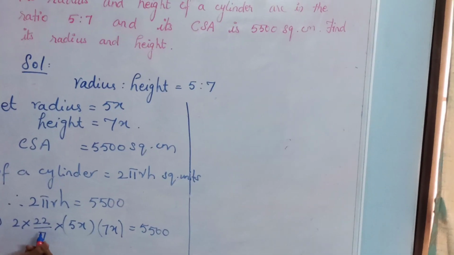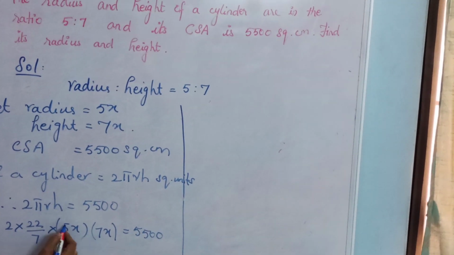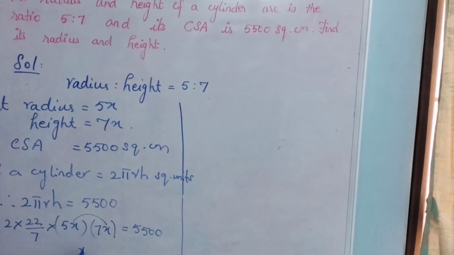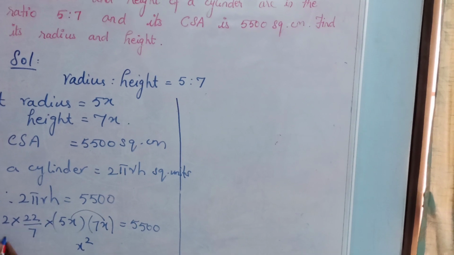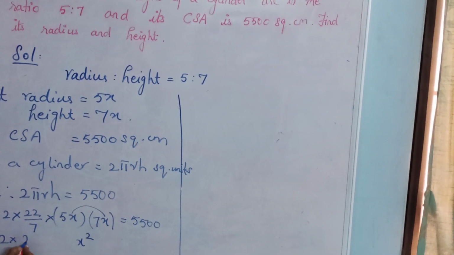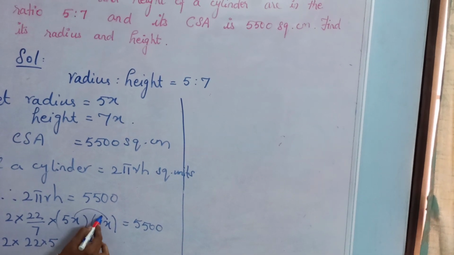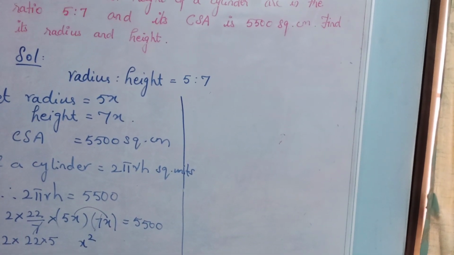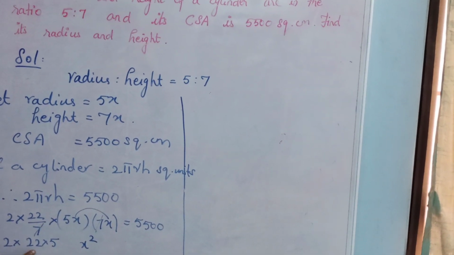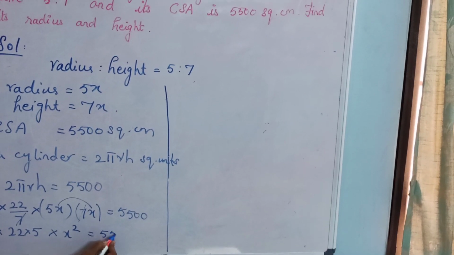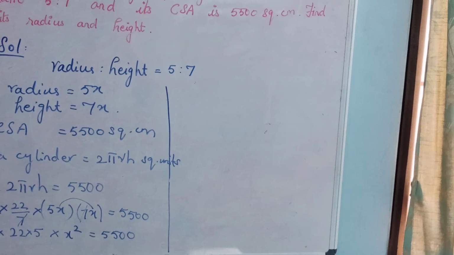Now here when we multiply this, we have x into x is x squared. The remaining values are 2 into 22 into 5. Here this 7 and 7 gets cancelled. So 2 into 22 into 5 into x squared equal to 5500.